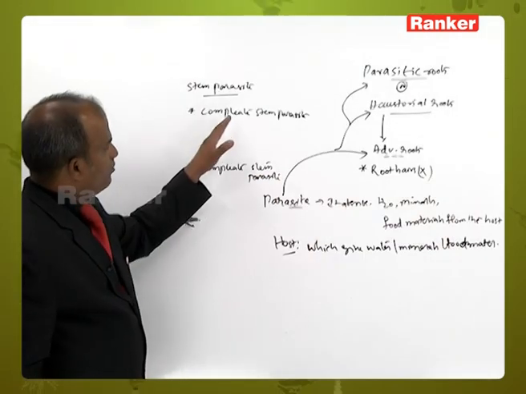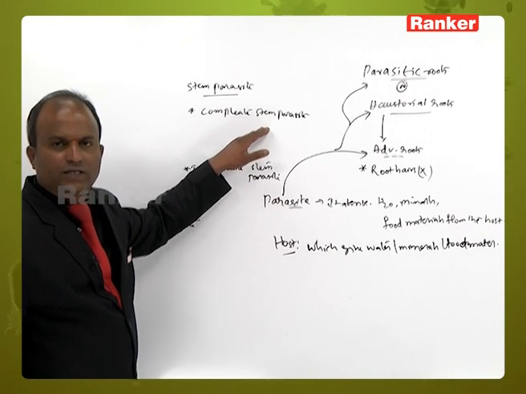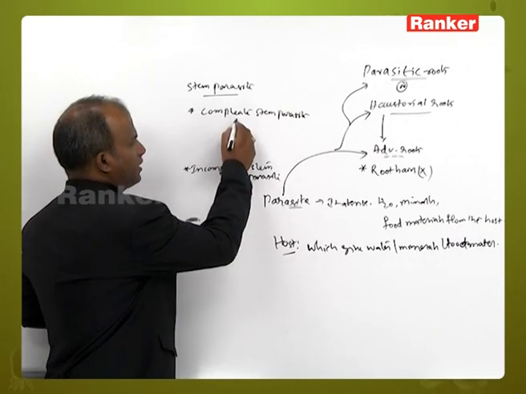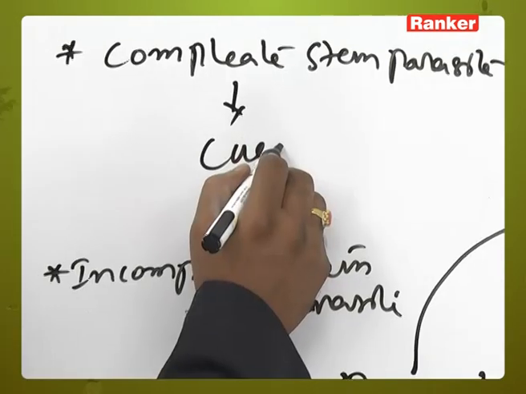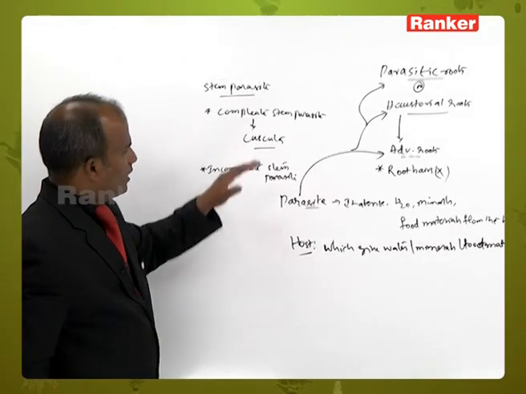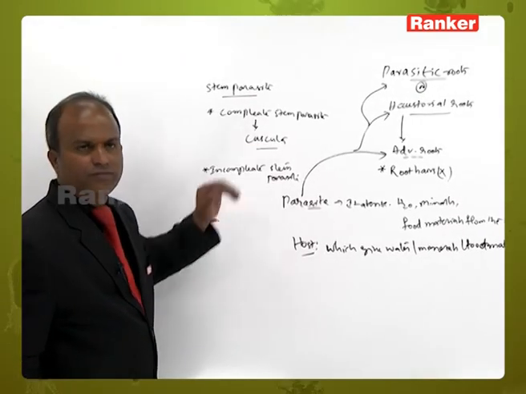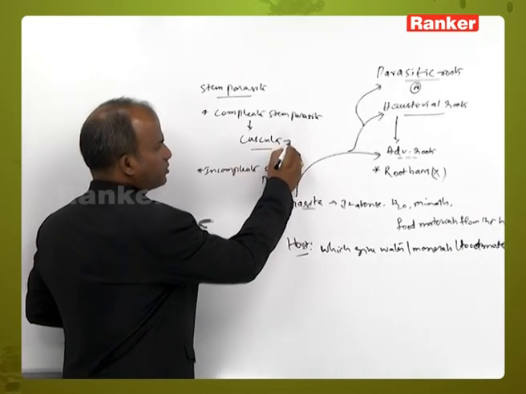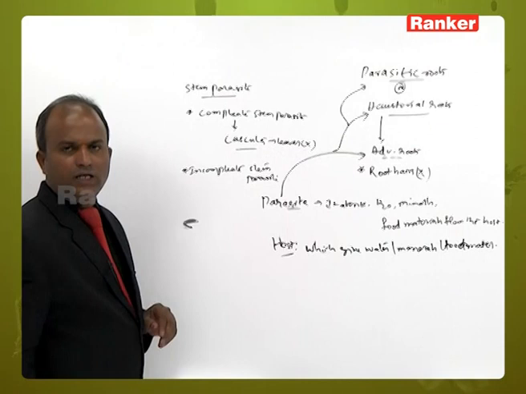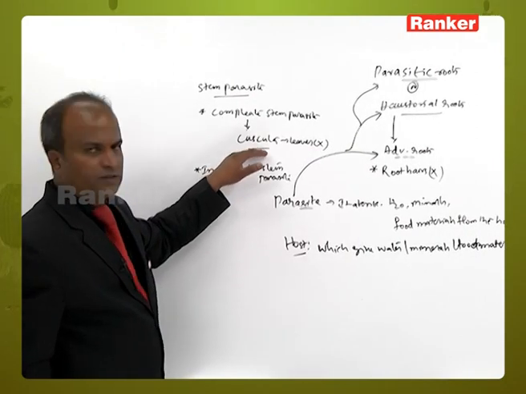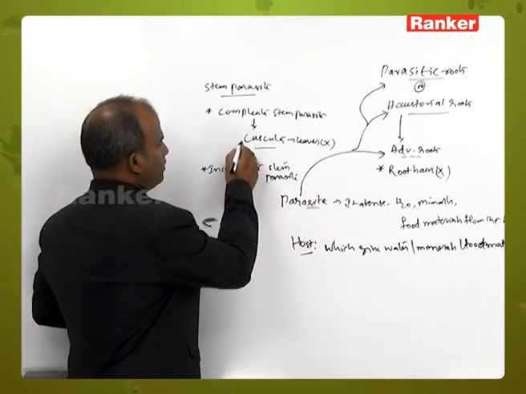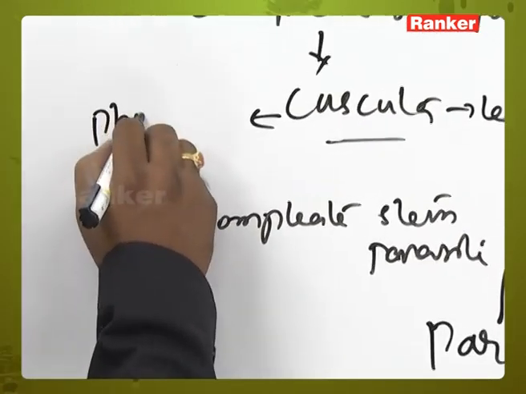So what is the example given for the complete stem parasite? That is Cuscuta. This Cuscuta is one of the complete stem parasites. Does it possess leaves? No. Cuscuta does not show leaves. As Cuscuta does not show leaves, it cannot perform photosynthesis.